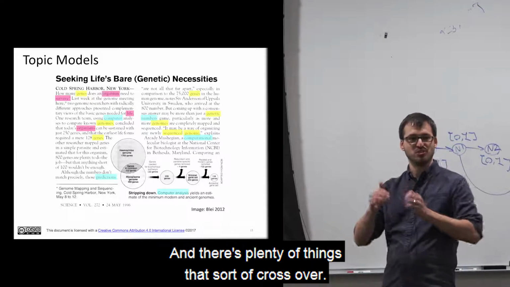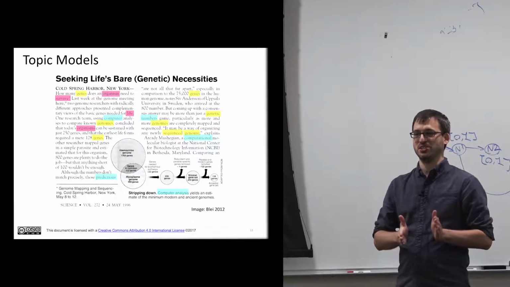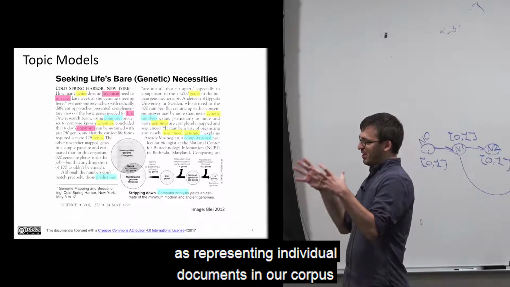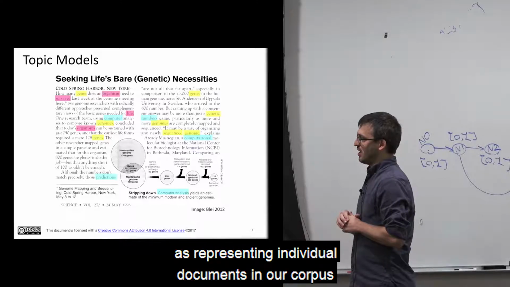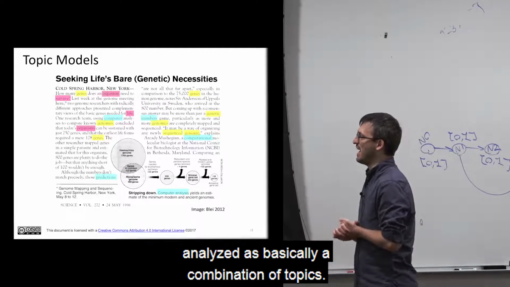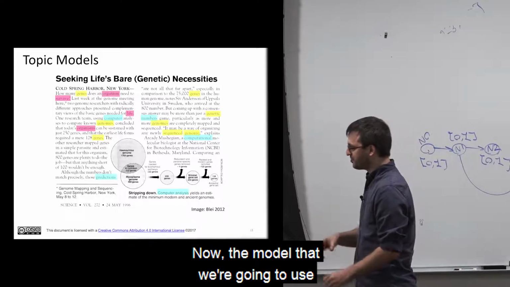There's plenty of things that sort of cross over. It's basically impossible to write an article that's just about politics. So we'll really view this topic modeling procedure as representing individual documents in our corpus as basically a combination of topics.